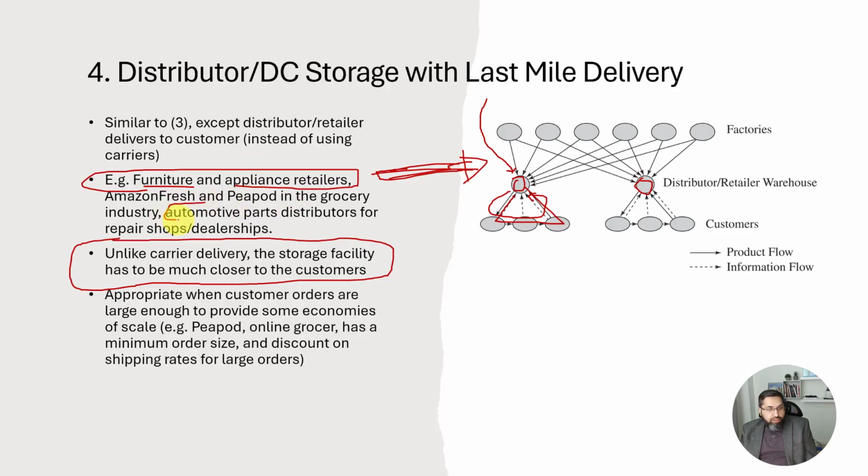Automotive parts, another excellent example of this. When you take your car to be fixed, you go to a car repair shop. The car repair shop will have some common items, like they can change an oil filter. They have oil filters in stock usually. They may have some brake pads in stock. But a car is made up of many parts, thousands of parts.